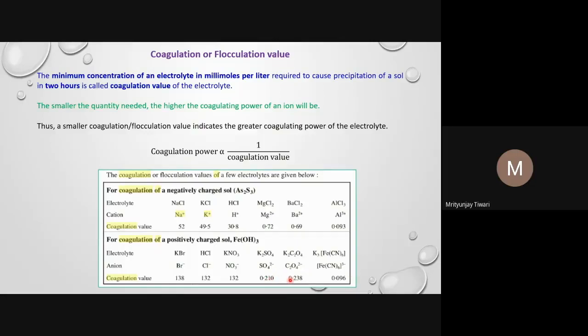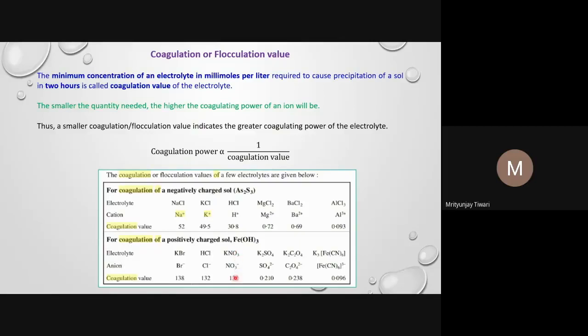So the larger amount of these two electrolytes is required, and a further larger amount of these electrolytes is required, which contain anions having one negative charge, so -1 charge.